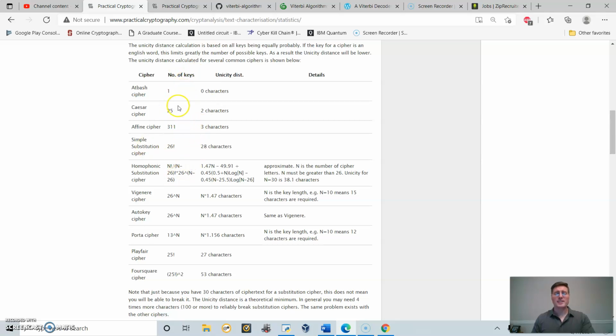Remember we called it the key span, and with the Caesar cipher we looked at a key span of 25 because it goes from A to Z, whether you're looking at uppercase or lowercase, ASCII values 65 to 96 or 97 to 122, does not matter. There's the 25 key span. So those are the number of keys. And if you look at different ciphers, they're going to have different work requirements.